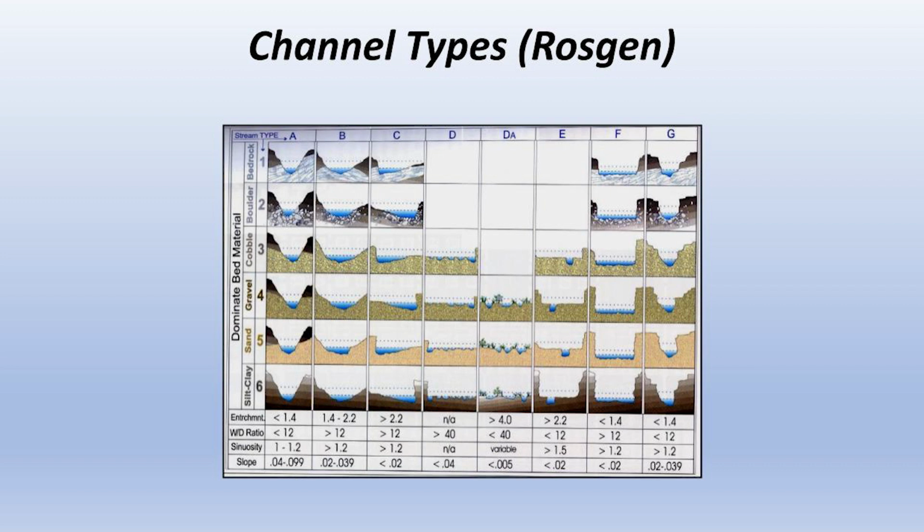F's are laterally unstable just because of their form, big steep banks. They want to carve away at those banks, and their shear stress, because of the flat channel bottom, is aimed right at the toe. So those are high sediment sources from their banks. The G's, think of gullies, and they want to incise, and they are unstable vertically.